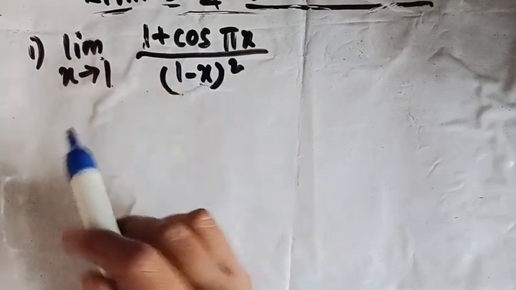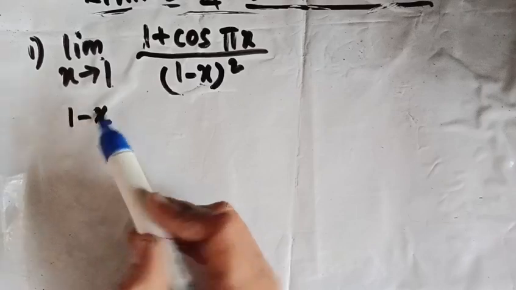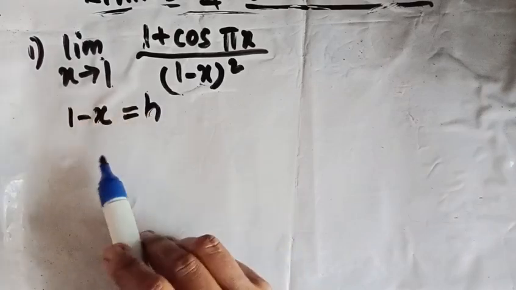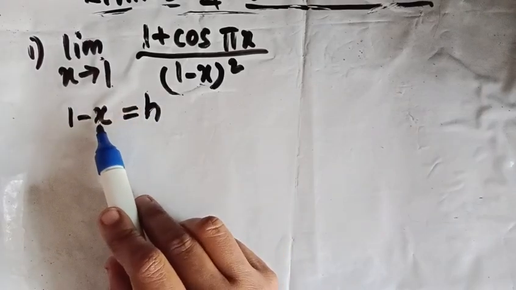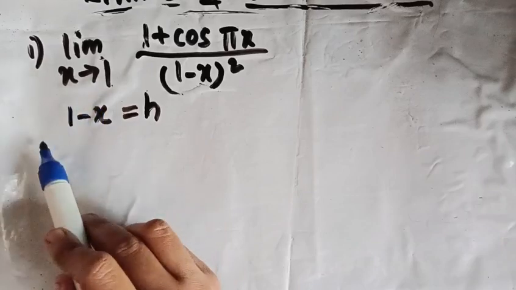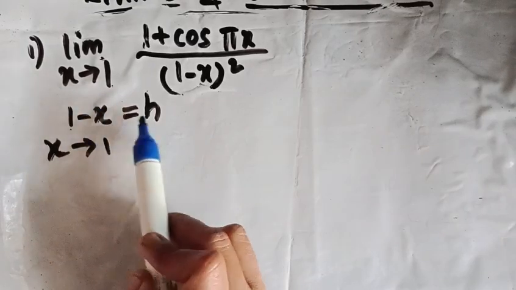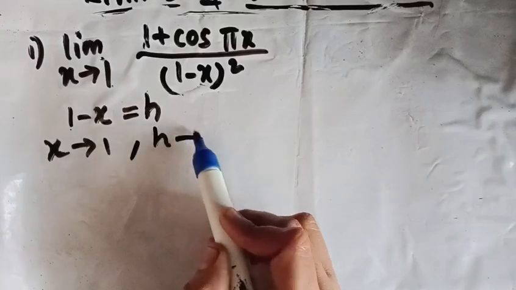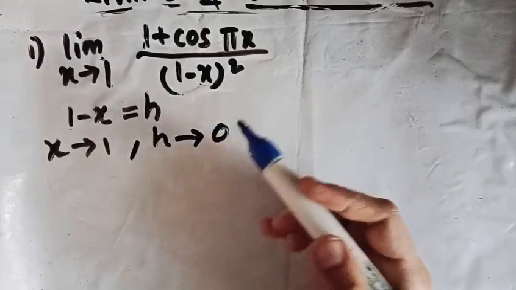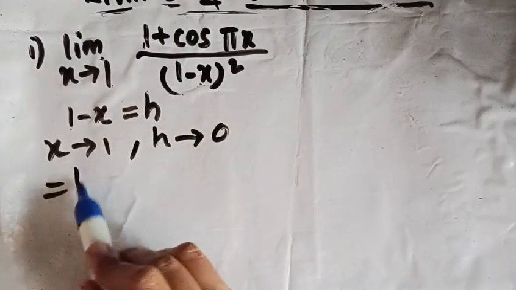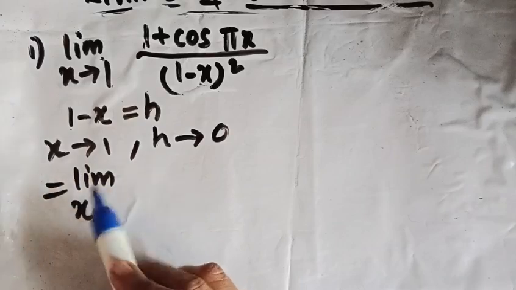If I substitute 1 minus x as h, then as x tends to 1, 1 minus 1 becomes 0, so h will tend to 0. So by substitution, we can change it.